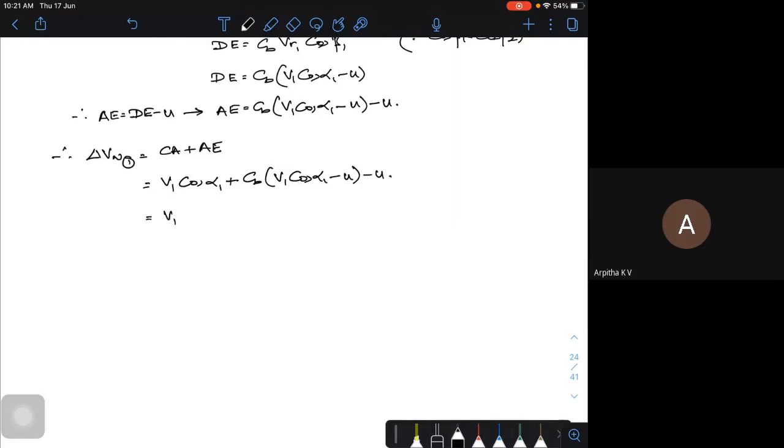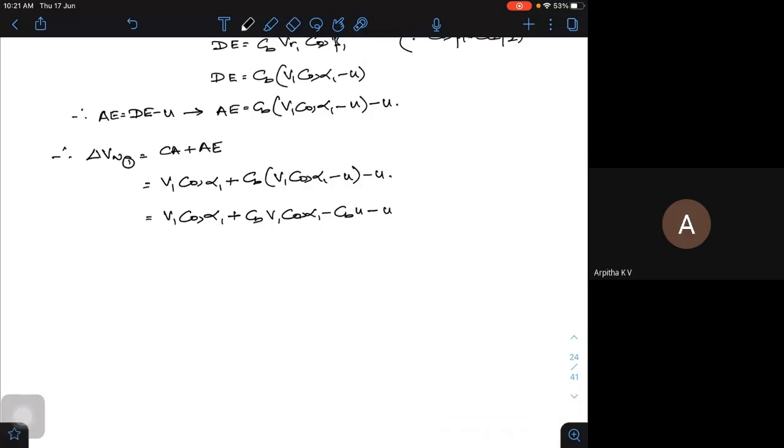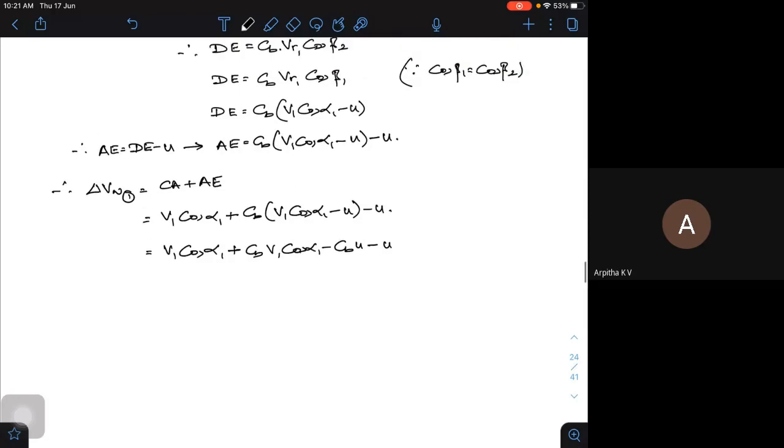This will be V1 cos alpha 1 plus CB into V1 cos alpha 1 minus CB into U, minus U. I can call this equation number 5. So I got the expression for delta VW1.